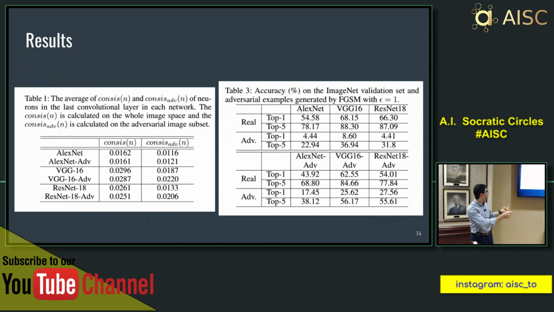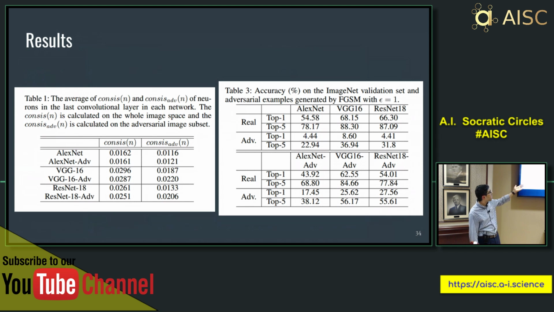I just removed the zeros. But with adversarial training, it's from 16 to 12. So it's not a huge jump. It's just marginally an improvement, but it's an improvement. And it's the same for all other things. The consistency is improved. And for ResNet, they had the highest improvement.